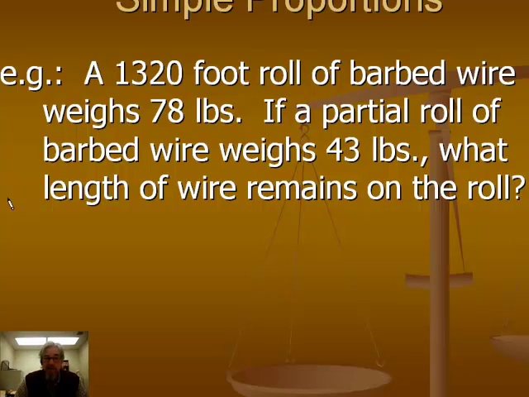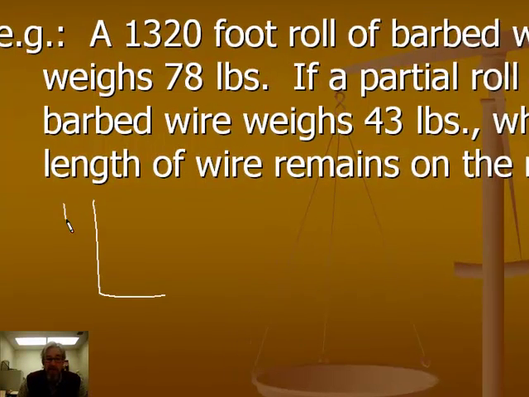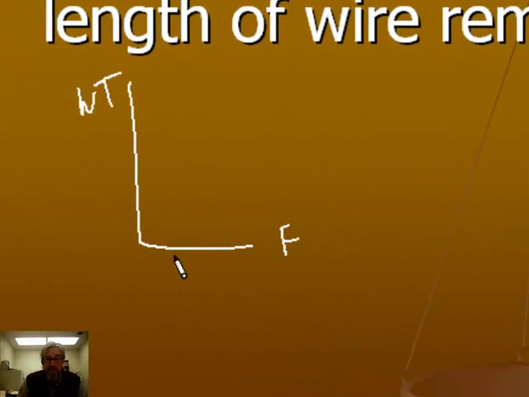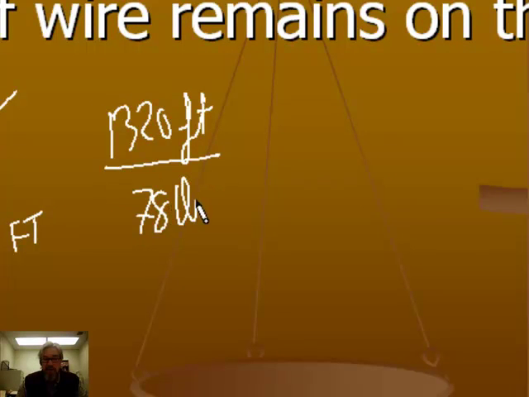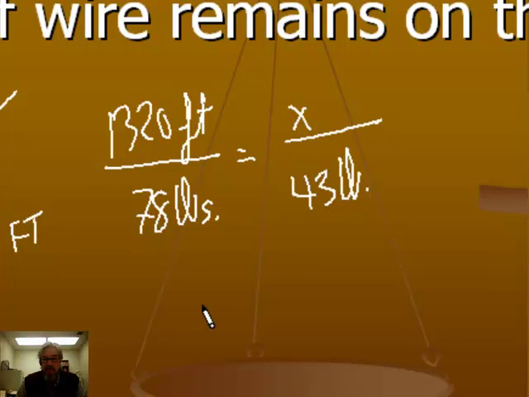So that means the graph of weight versus feet does go through 0, 0, and it's consistent. It's linear. So that means I can use a simple proportion like this. 1,320 feet is to 78 pounds as x feet is to 43 pounds.